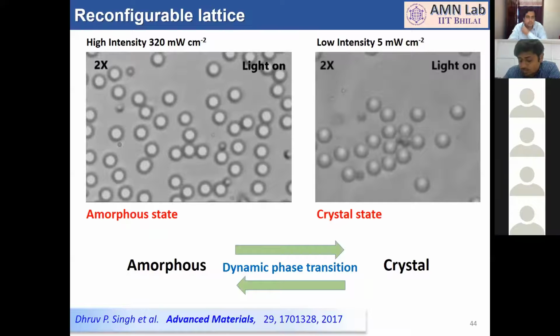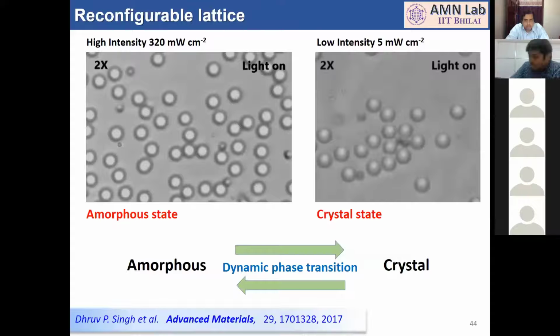So this is a one-way process. Annealing can give you the crystalline state, but it's hard to go back. Going back from crystalline to amorphous state is almost impossible, I would say. So I can say this is the first colloidal system that shows such dynamic behavior. We can dynamically go from crystalline to amorphous, and vice versa, by just controlling the intensity of light.